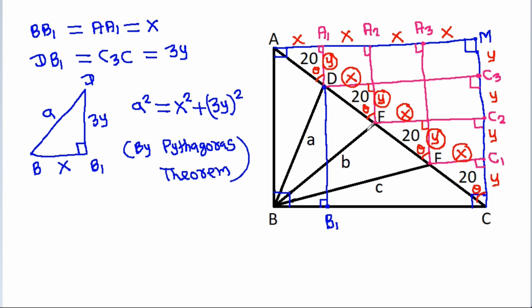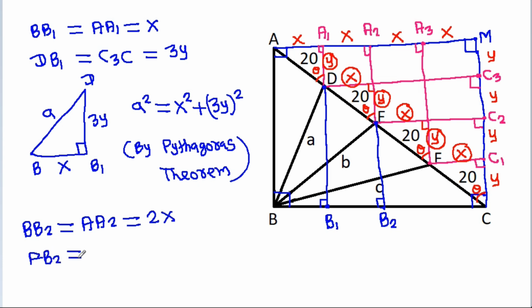And also, if we draw a perpendicular from F on BC, suppose this point is B2, then BB2 will be equal to AA2, that will be 2X, and FB2 will be equal to C2C, that will be 2Y.